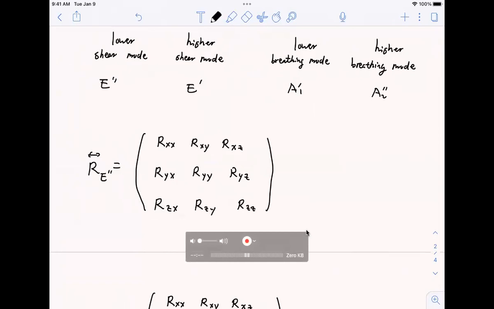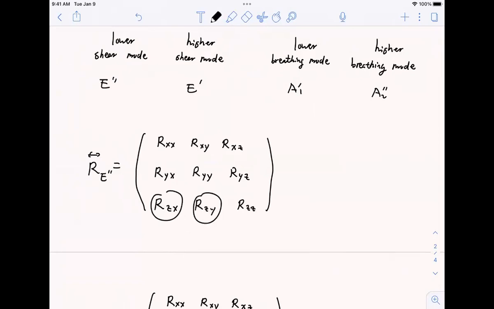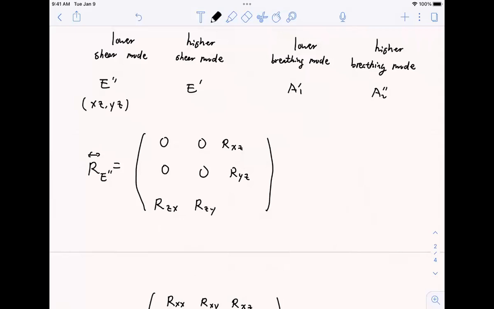Where is XZ? XZ is here, YZ is here. All the other elements are 0.